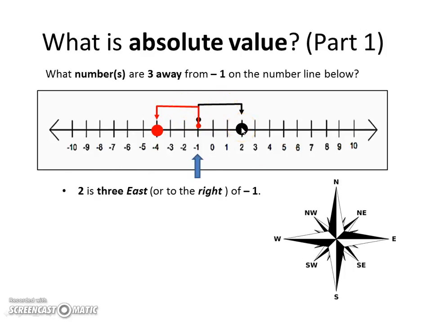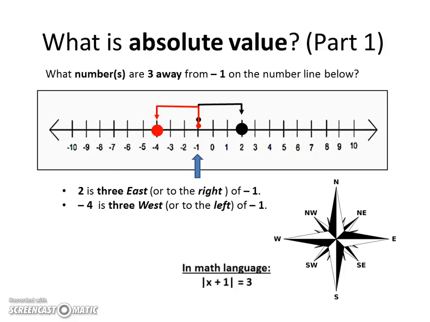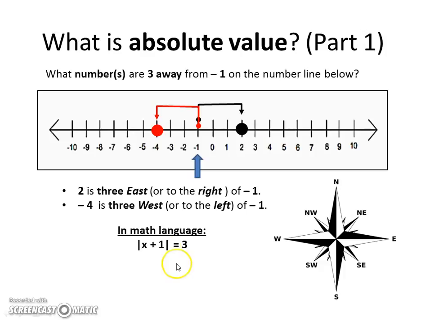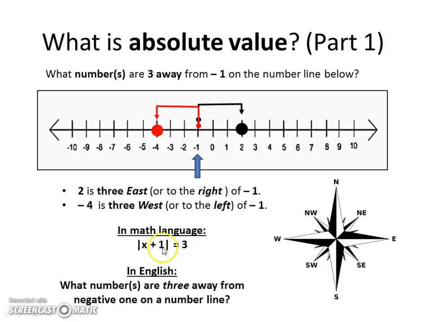Okay? So the two possible points: 2 is 3 east or to the right of negative 1, and negative 4 is 3 west or to the left of negative 1. In math language, we'd write that as the absolute value of x plus 1 equals 3. And remember what that means once again. It's saying what numbers are 3 away from negative 1.